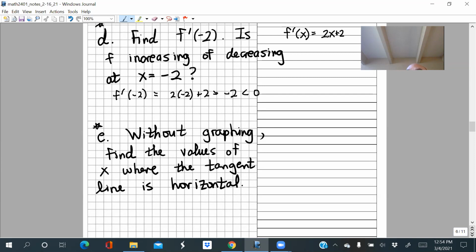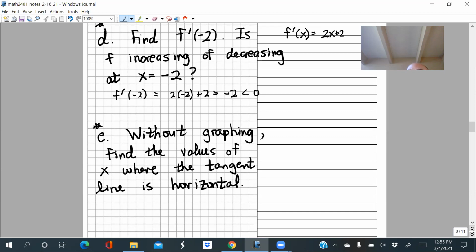Well, what is the slope of flat lines? 0, right? Okay. So what we're actually asking here is, where is the rate of change 0? Because that's the same as the slope of the tangent line, right?